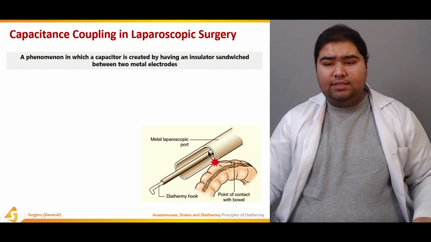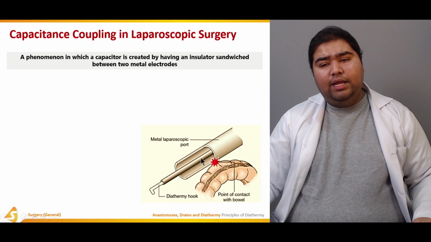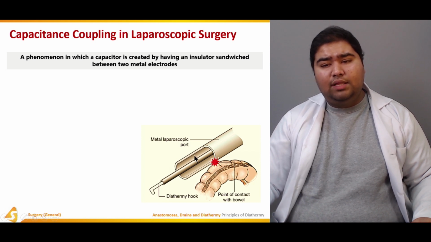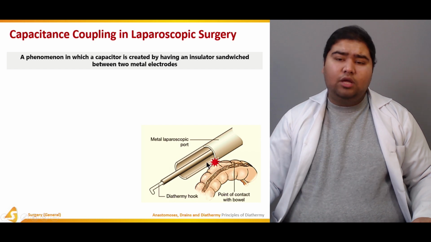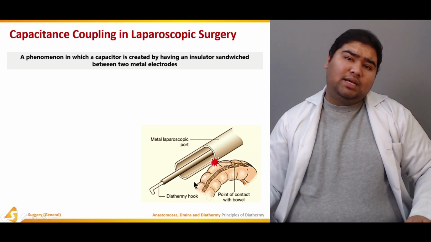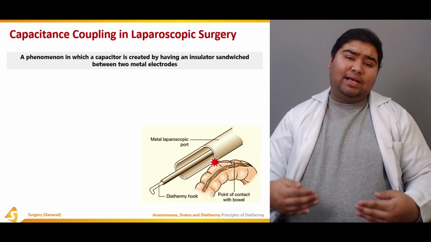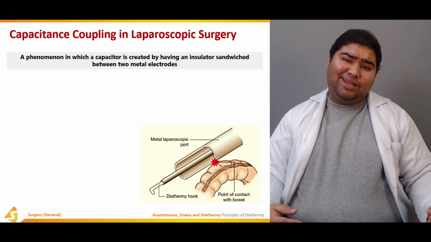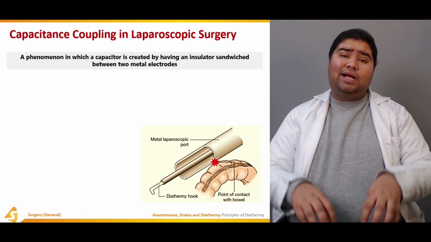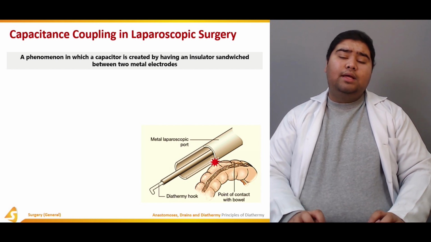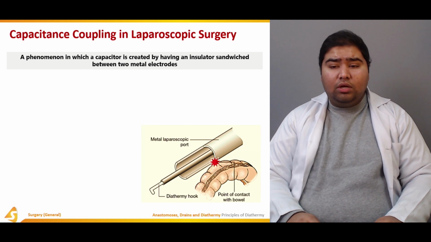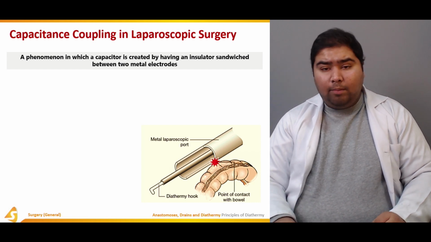Here you can see this is a metal electrode, this is the diathermy hook, and this is the insulator in between. So this insulator becomes the capacitor. It is being continuously induced by the current that is flowing outside and the inside. So this insulator becomes induced and this becomes a capacitor, and this can cause damage to your body.